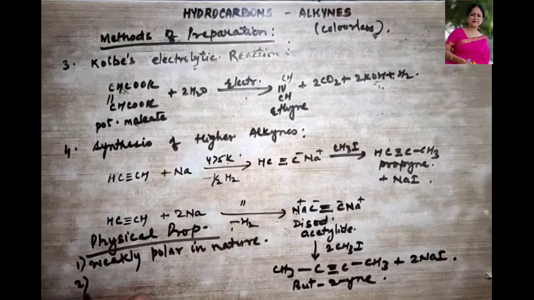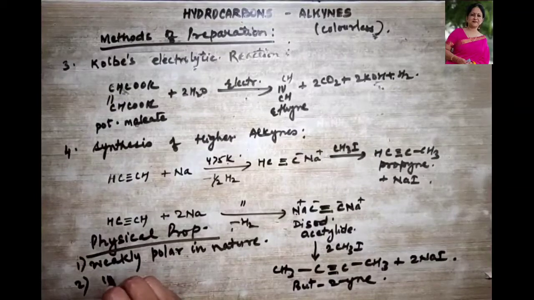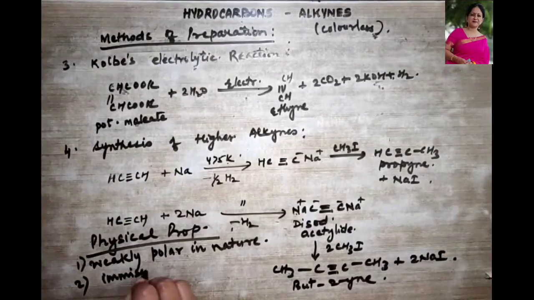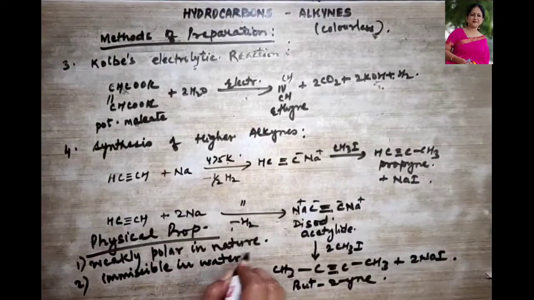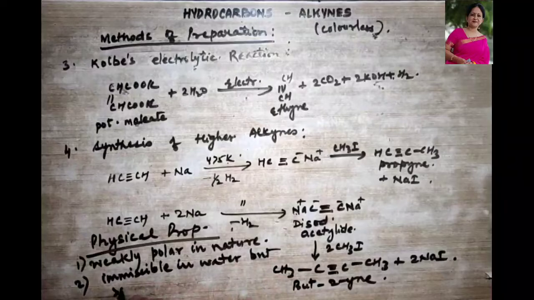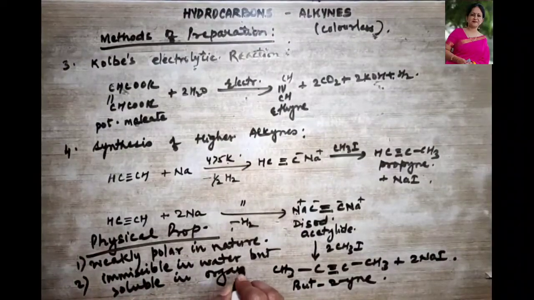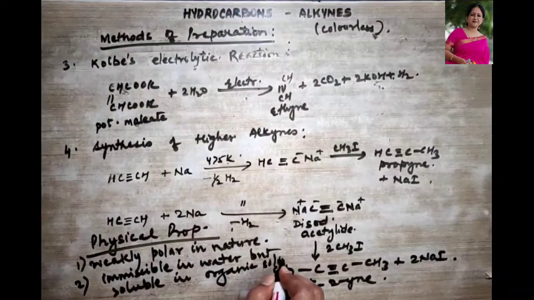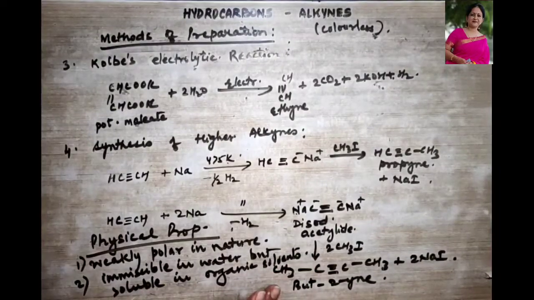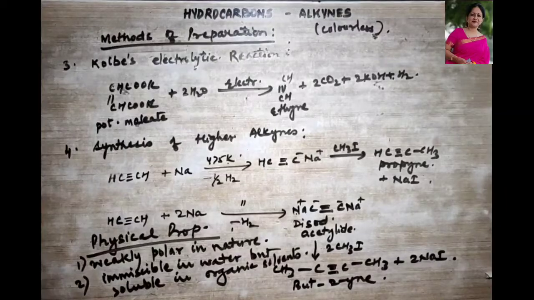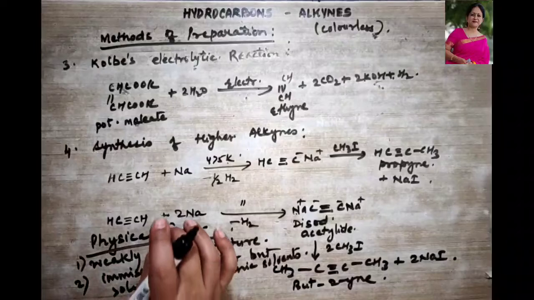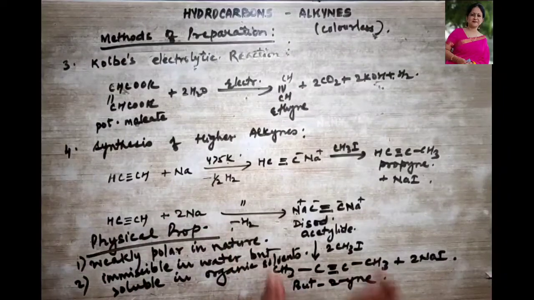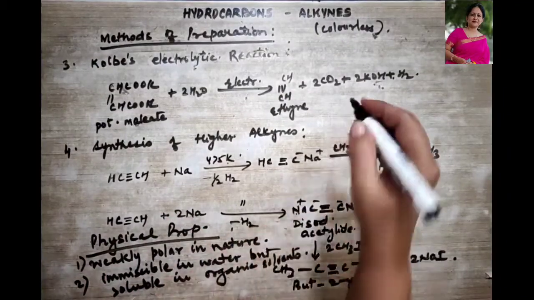Okay. So what should I write there? Immiscible in water, but soluble in organic solvents, right? And their melting and boiling points and density, what do we know about them? They always increase with the increase in the molar mass of the compound.